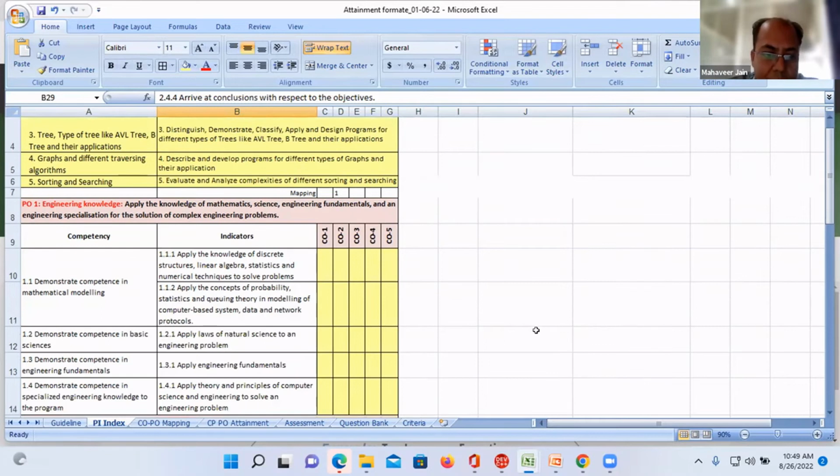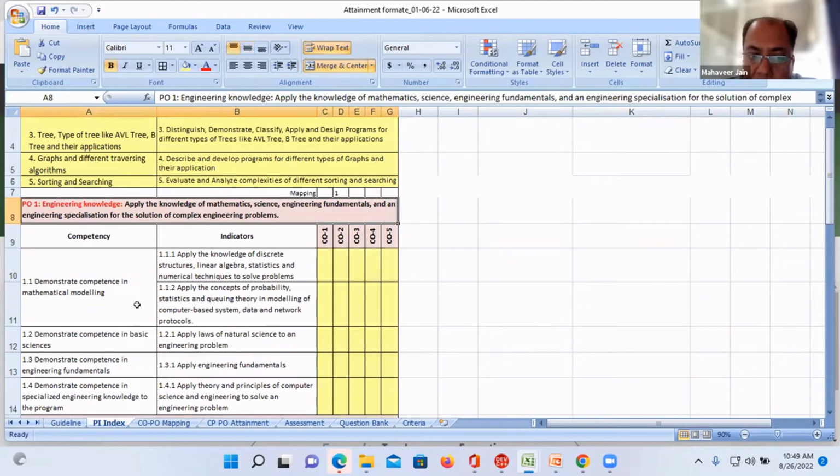What I have done here, you can see PO1. PO1 is already divided into a number of performance indicators. I think you have already heard about the PI. What is the PI? That is the performance indicators. So here each PO, each program outcome has been divided into a number of performance indicators. Otherwise, just reading the statement of my CO and the PO, how can I decide whether I should write 1, 2 or 3?